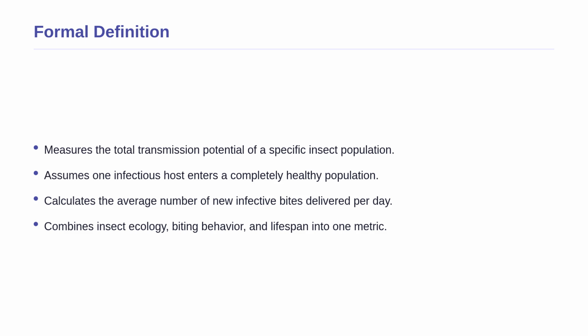It assumes that one sick person enters a completely healthy population. It then calculates how many new infectious mosquito bites will result from that one person in a single day. This metric beautifully combines the insect's ecology, its biting behavior, and its lifespan into one single powerful number that represents the total transmission potential in a specific area.